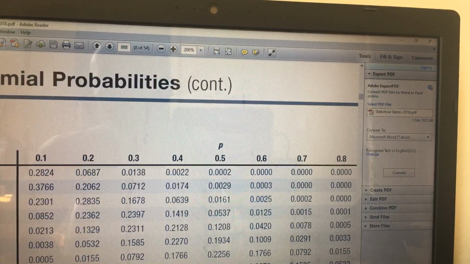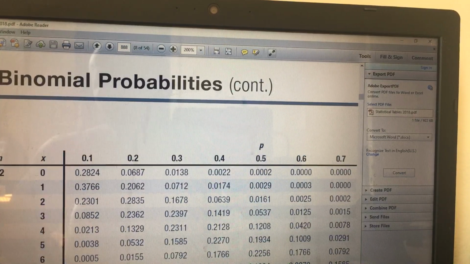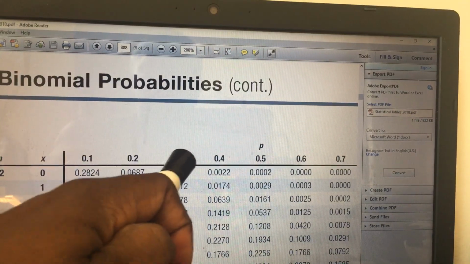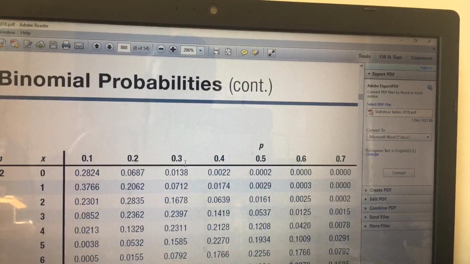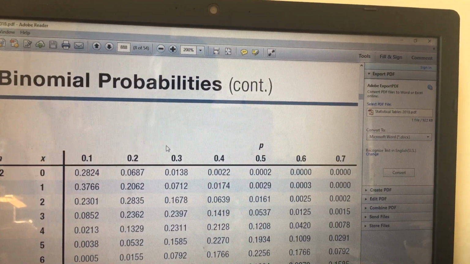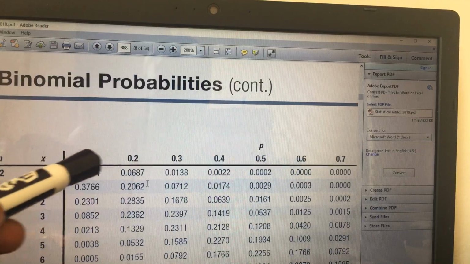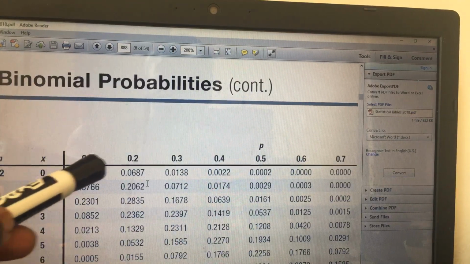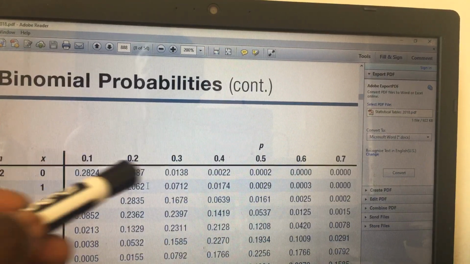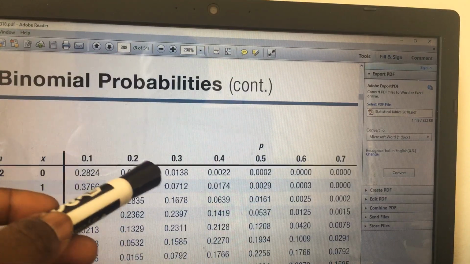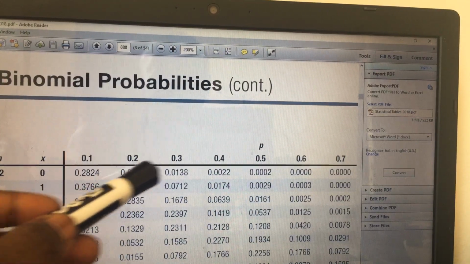So if you have a value of p, for example, 0.33, you can't find 0.33 here. That means in that case you can't use the table. You use it only for those p-values that you can find here.